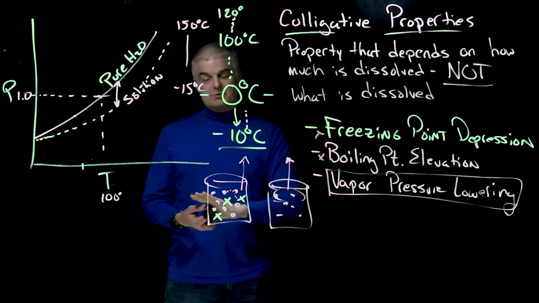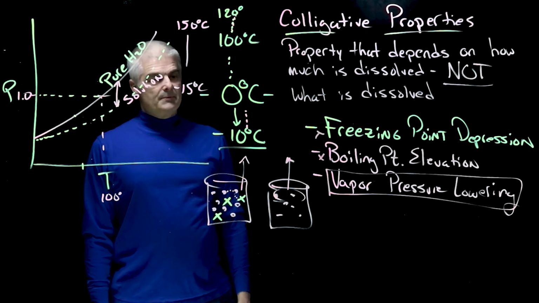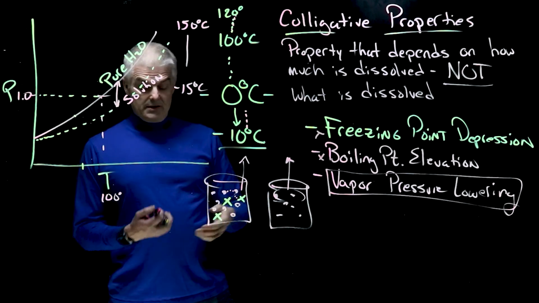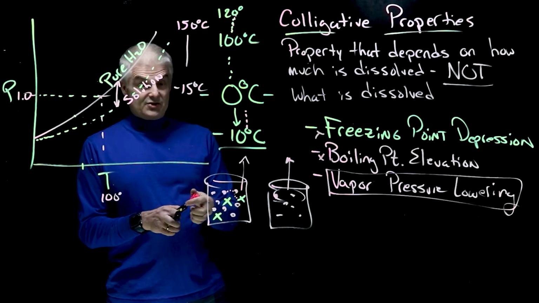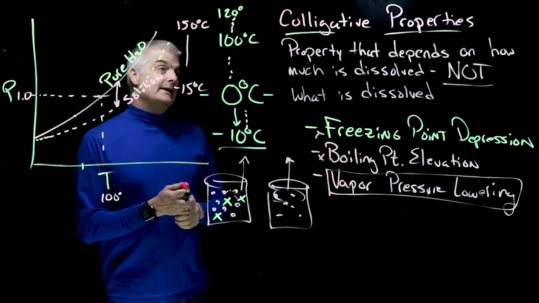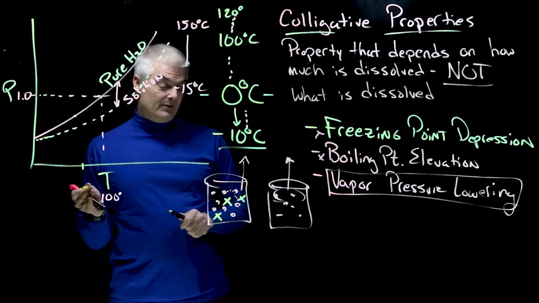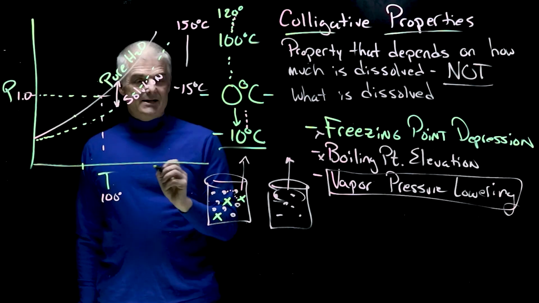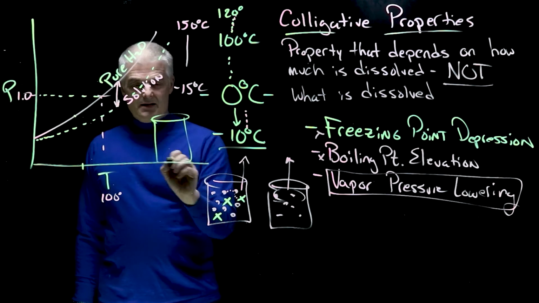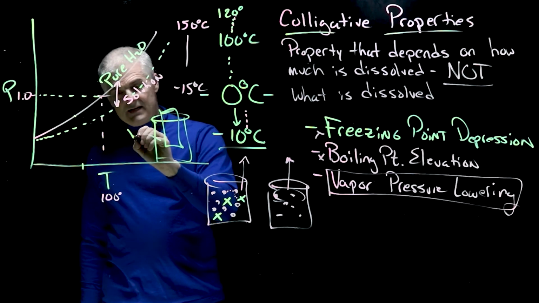And the two applications we talked about are cars and also salt on the roads. If you live in the northern part of the United States or any cold place, you could be living in southern New Zealand and they might put salt on the road. Same idea. And one other application that you may have played around with: if you're making homemade ice cream, do you know what you do? You got a can and you put the ice cream in this container, and over here you put ice.